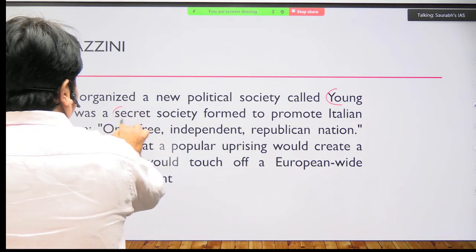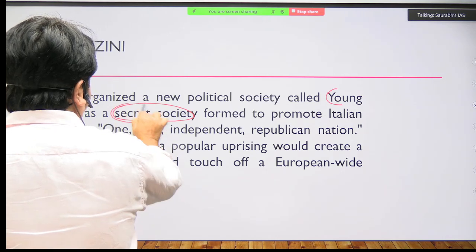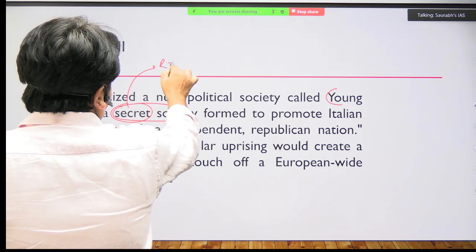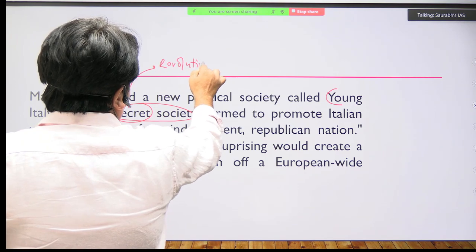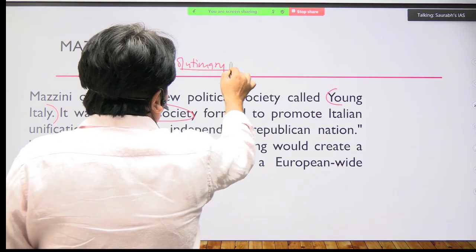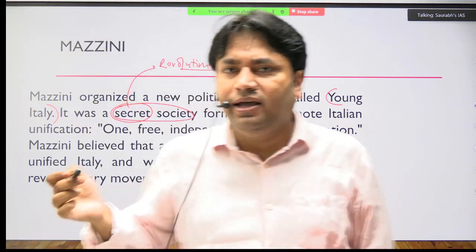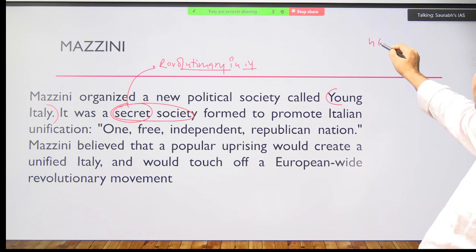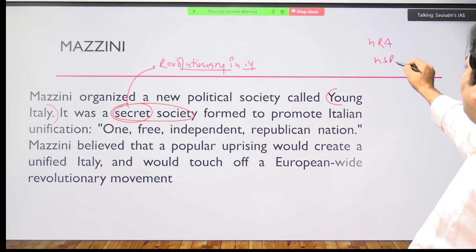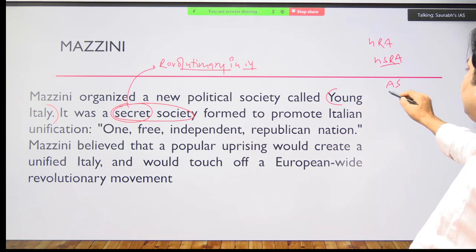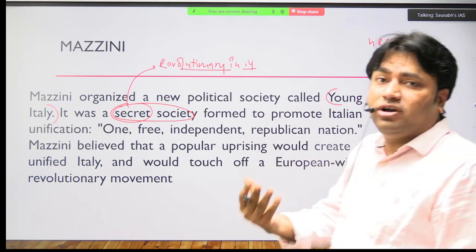It was a secret society. Obviously, if it is secret, it means its nature is revolutionary. For example, in India, HRA, Hindustan Republican Association, HSRA, Anushilan Samiti, all these were secret organizations.